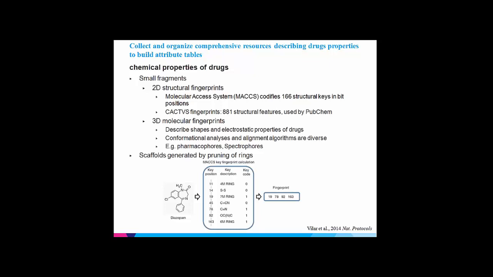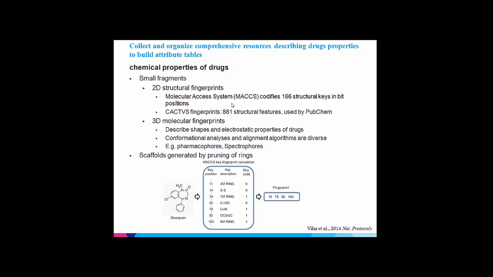Finally, we collected the chemical structures of all the drugs and small molecule compounds in those projects. To convert those chemical structures to chemical descriptors, there are many structural fingerprints that can be used.